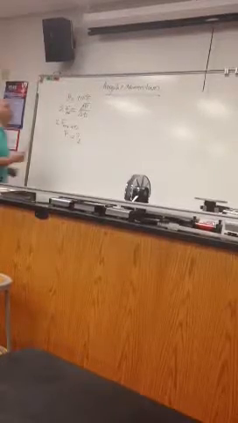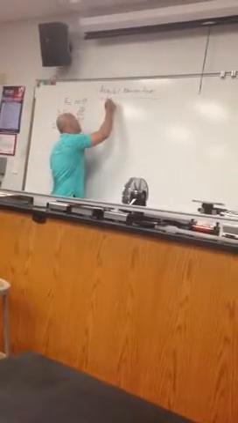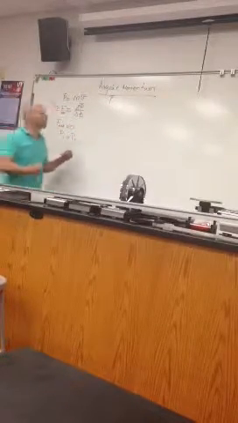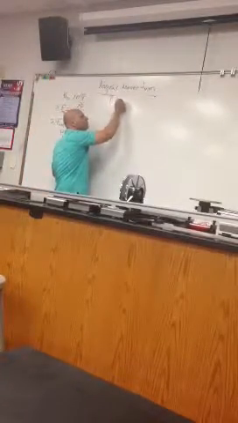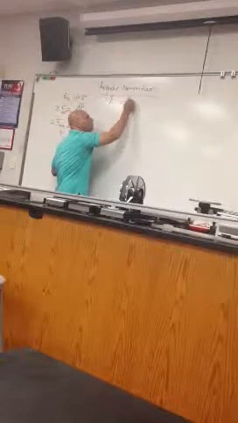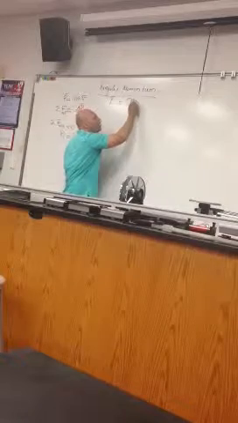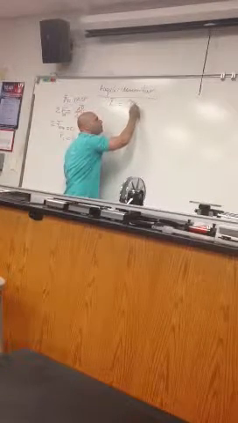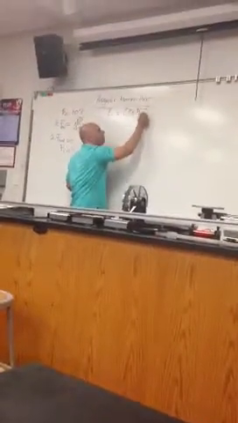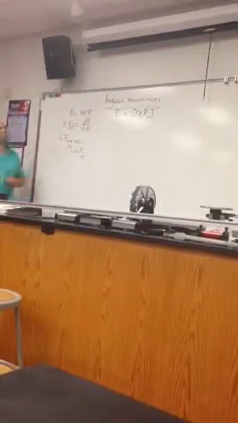In rotational motion, the angular momentum, by the general definition, is the cross product of r cross mv, which is the linear momentum. The cross product of r cross p.